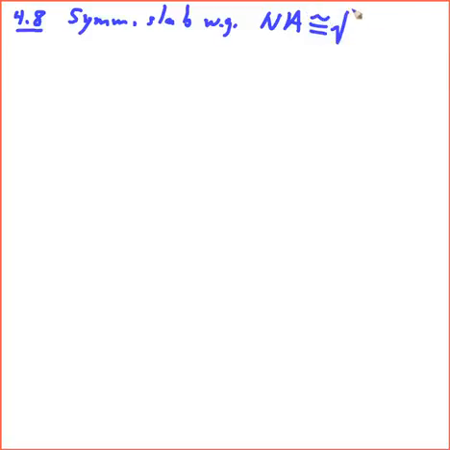Okay, here's Pedrotti's problem 4.8. And this one asks us to show that for a symmetrical slab waveguide, the NA, the numerical aperture, is about equal to the square root of 2 delta, where delta, unlike some of the earlier problems, is our index difference of n1 minus n2 all over n1.